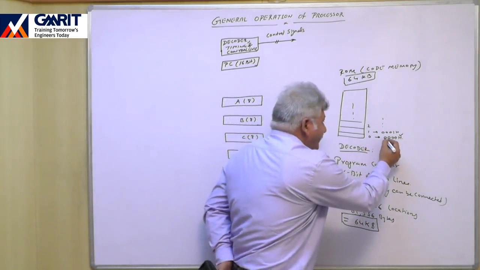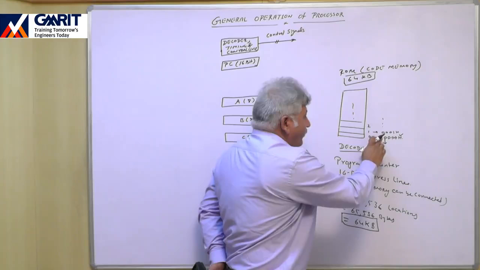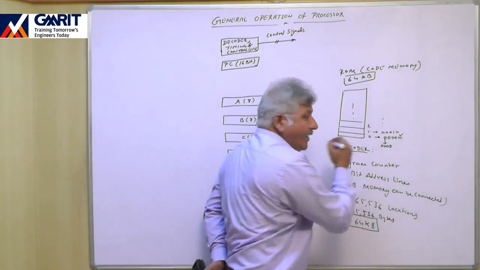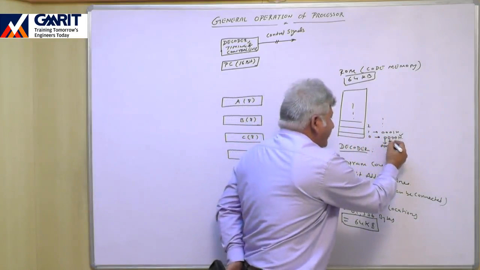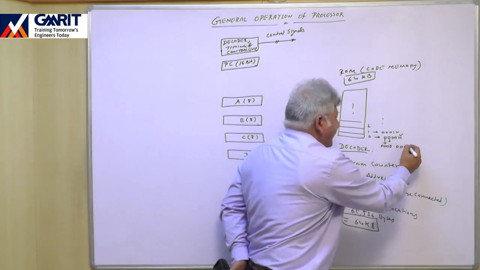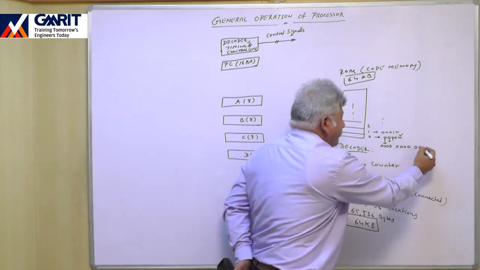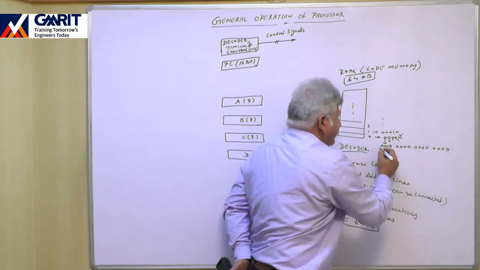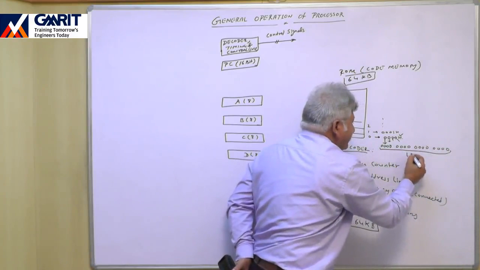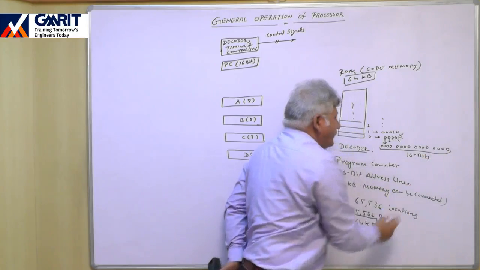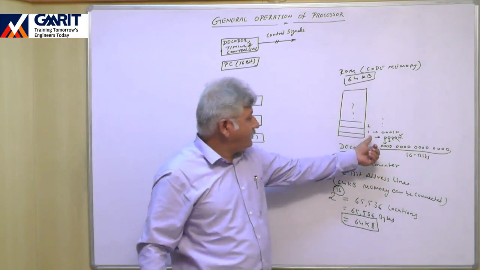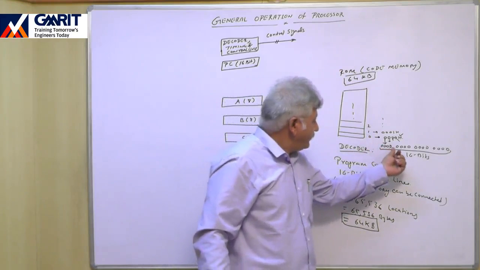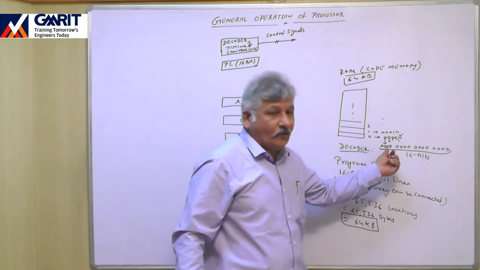If you convert this hexadecimal number to binary, then each 0 of hexadecimal will have 4 zeros of binary. So in total these are 16 bits. So memory location number 0 will be addressed by these 16 zeros.